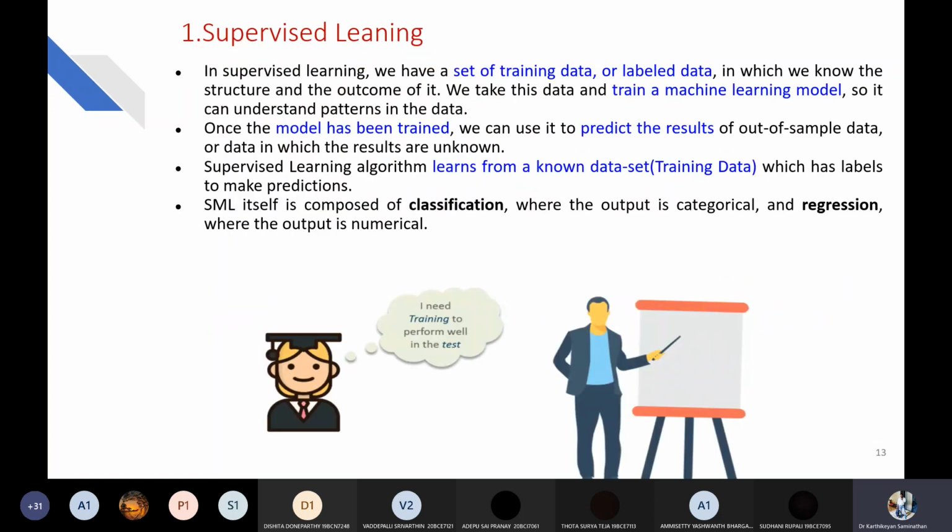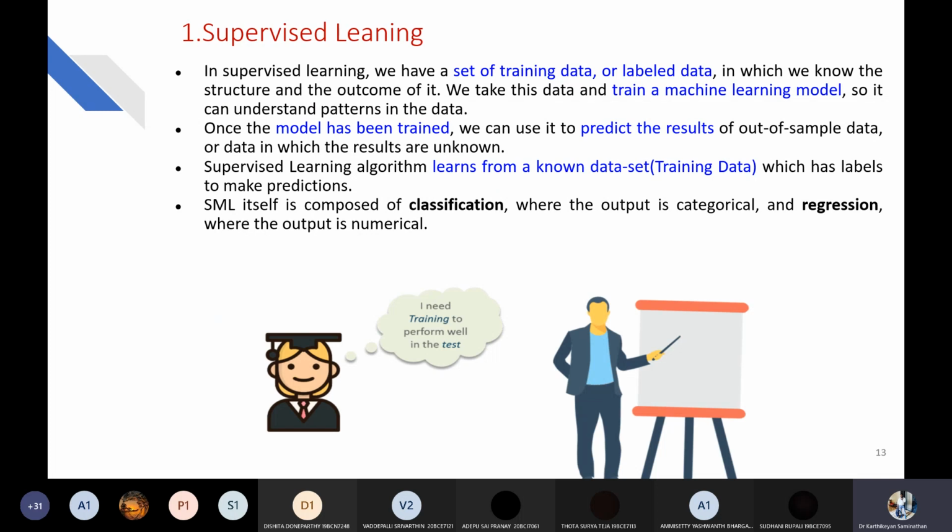So a supervised algorithm, as we know, uses a set of training data or labeled data to train our models. Once our model has been trained, we can use it to predict the results, right? That is what a supervised learning algorithm is.